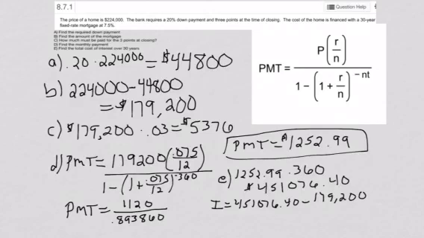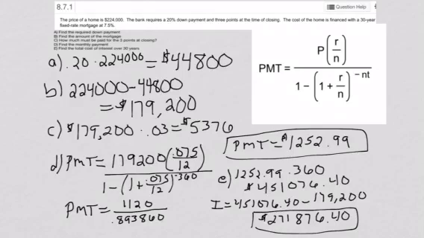And subtracting those, we get $271,876.40. That's the amount paid for the total interest only, for this house mortgage.